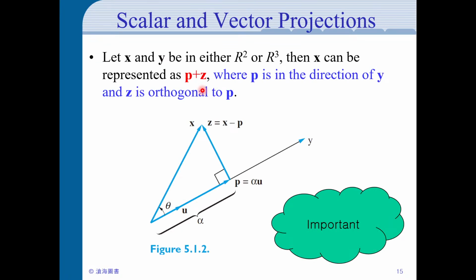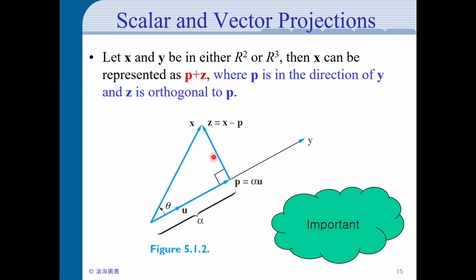Okay, so the other thing we want to do with those vectors is find an orthogonal projection of one vector onto another vector. So we have a vector x here and a vector y here with some direction. And we want to find a component of x in the y direction and another component that's orthogonal to y.